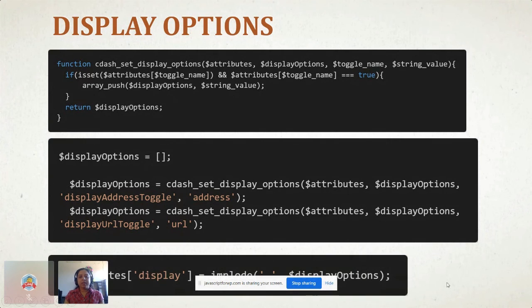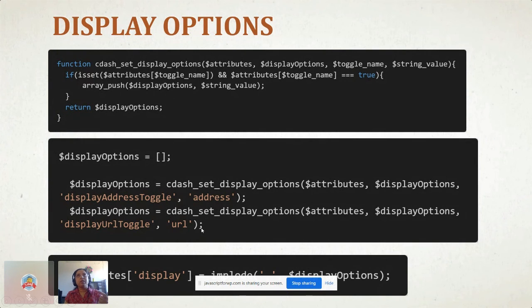And then I took the display options array and used implode to add all the values into my display. So now all string values get added into my display attribute as comma separated values. They only get added if the toggle is set to true, and if the toggle is set to false, the string value doesn't get added, it gets deleted from the display options.